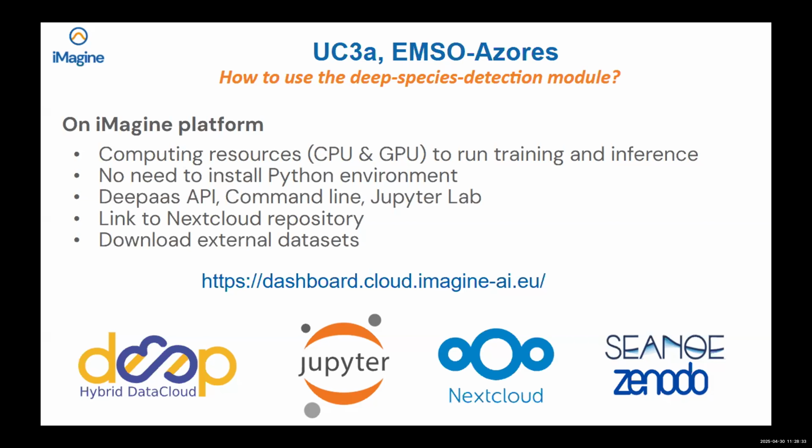You will also be able to link your deployment on the platform to a Nextcloud repository, and to download external datasets to your Nextcloud repository to use them directly in the platform.